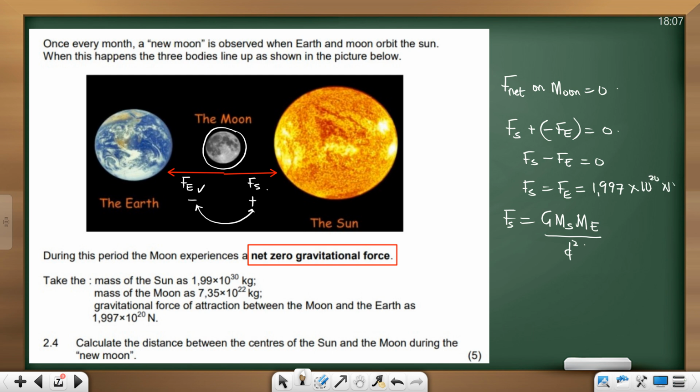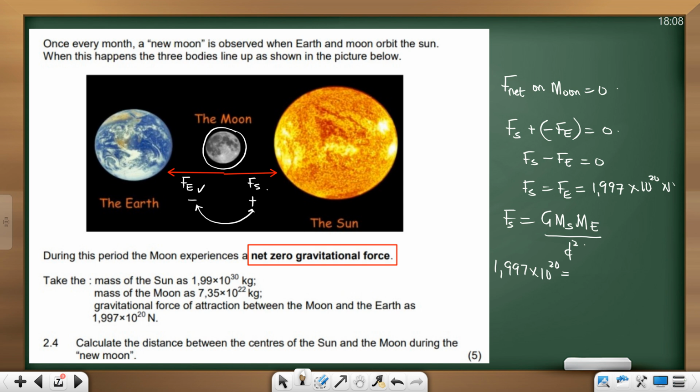Can we just do the substitution? 1,997 times 10 to the power 20. I'm sure you remember what your G is. If you do check your data pages, please make sure you have that formula. Don't write it from your head. Your head is too small to remember that number. But the more you walk through physics, you get familiar with those numbers.